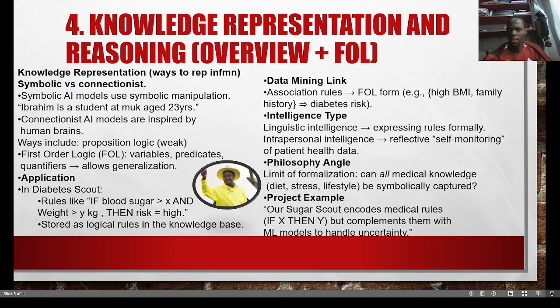So we see that in the diabetes case we have rules like if sugar level is greater than X, X is a given value, and for example weight is greater than y, then risk is high. So that is how we can represent knowledge and information that can easily enable reasoning.